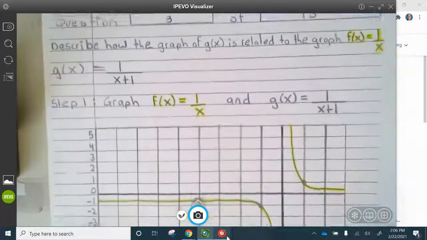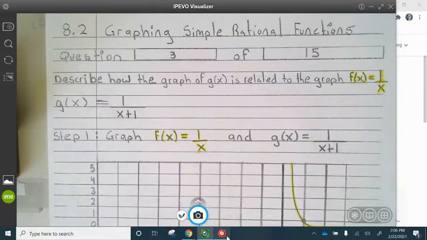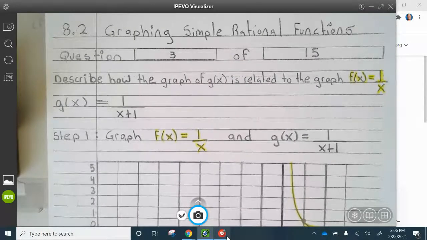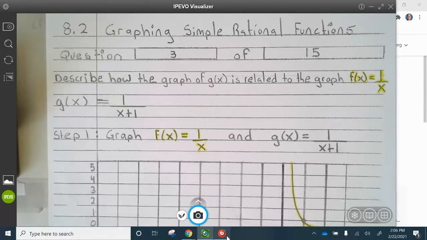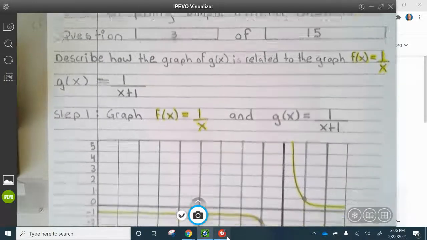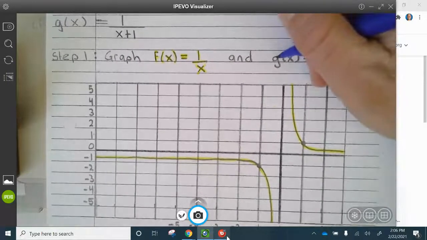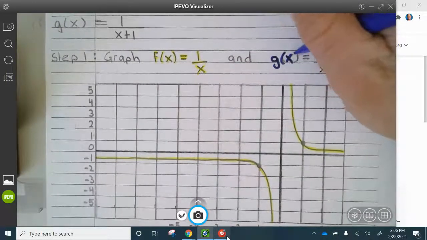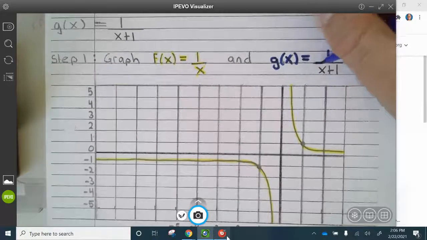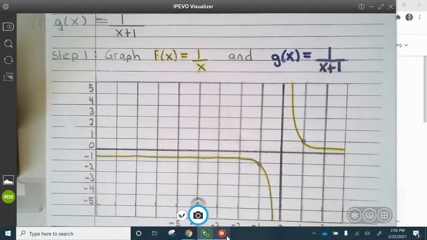All right. Again, describe how the graph of g of x is related to the graph of f of x equals 1 divided by x when g of x equals 1 divided by x plus 1. Okay. So we have g of x. Now, you ask yourself, what do you add to 1 to give you 0?